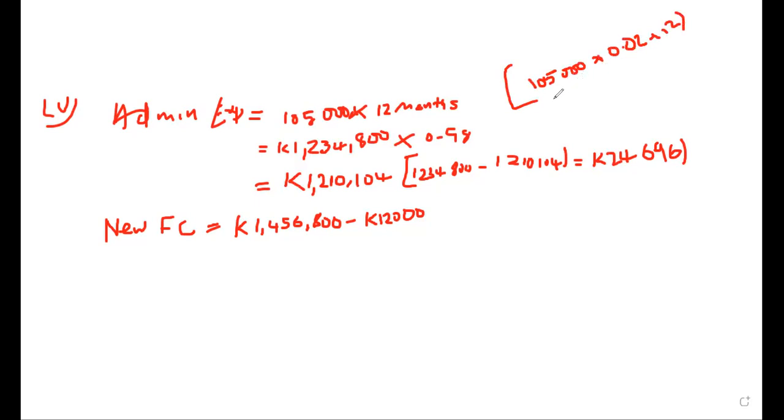So yeah, we want to know the deduction. So if we multiply this by this by this, just use my calculator and see if you are going to get the same figure. So 105 times 0.02 times 12 months.